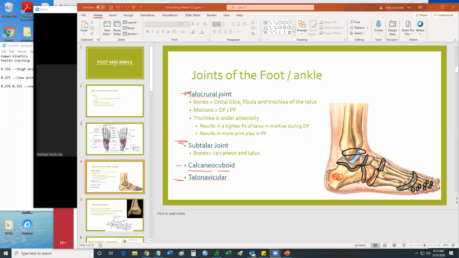Kind of looks like a cube, hence the name. But these two attach, so that's why it's called calcaneal cuboid. Talonavicular, in the same exact sense, your talus bone and your navicular bone. So this here is your talus. This here is your navicular.